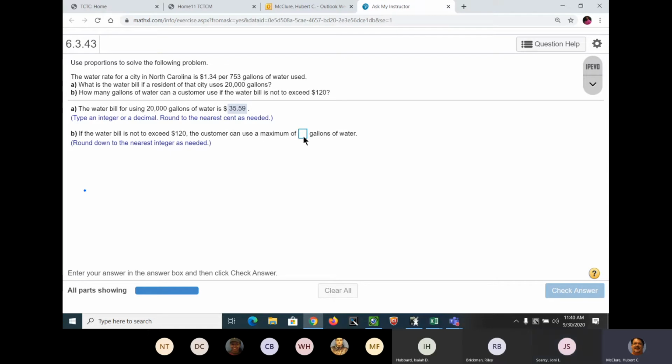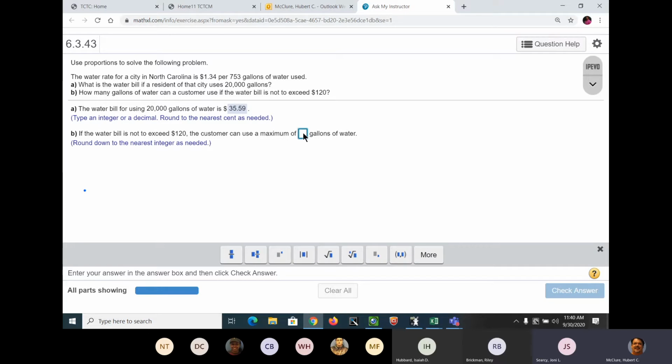If the water bill is not to exceed $120, I believe we should set this equal to $120, and this would be x divided by $1.34, and then we'd multiply that by 753.